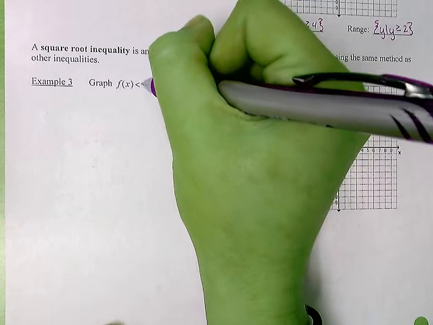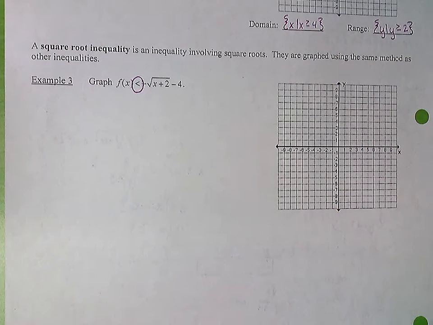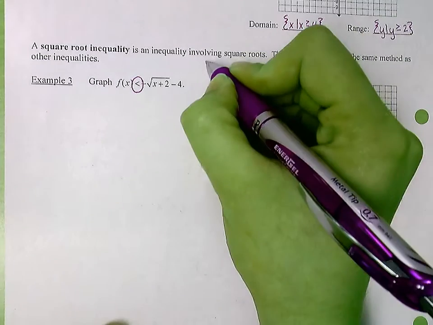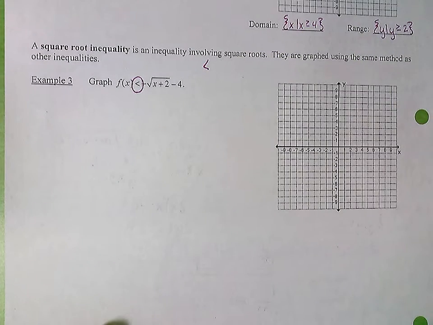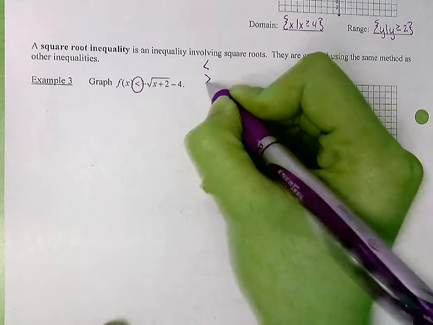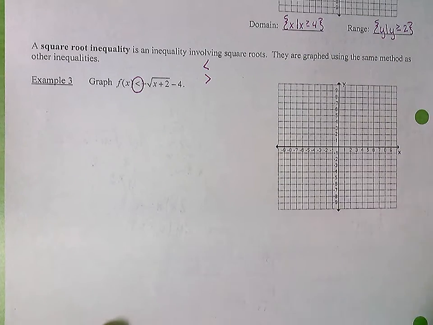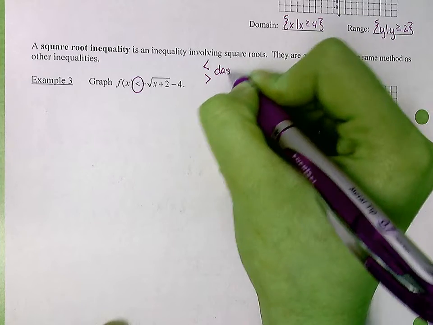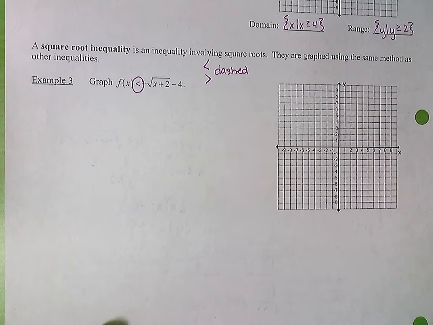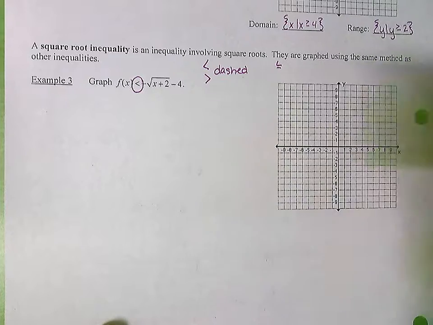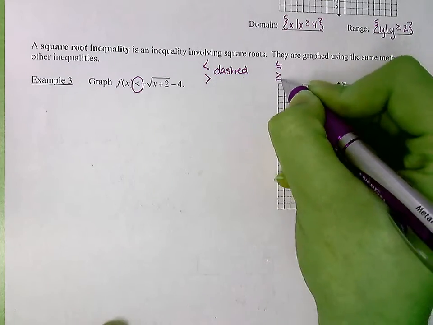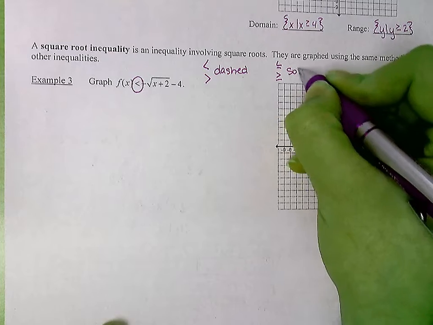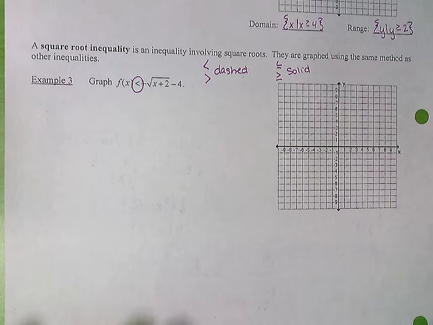That means it has a less than, greater than, less than or equal to, or greater than or equal to sign instead of just an equal sign. If you see a less than sign or a greater than sign, you need to draw a dashed line. If it's less than or equal to or greater than or equal to, that's a solid line.